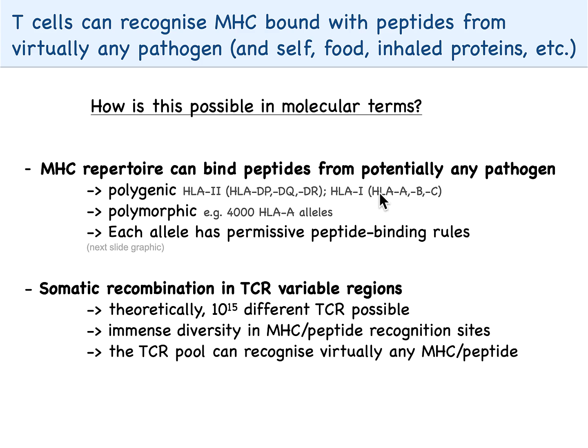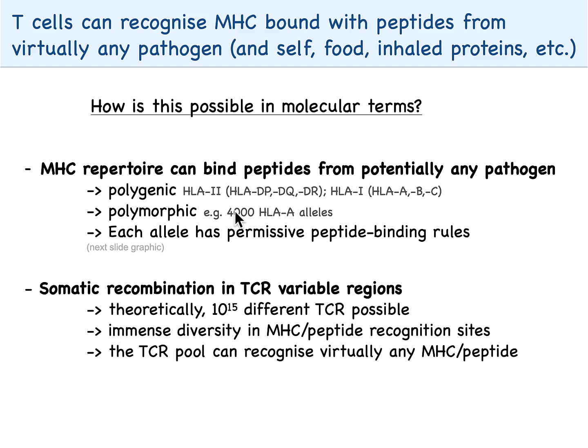And then also, the second point is polymorphism. MHC molecules are the most polymorphic molecules in the body. Just to give you an example, of the HLA-A gene, you have around 4,400 different polymorphisms. And most of these polymorphisms, not all of them, but many of them, happen in the binding groove where the peptide goes.